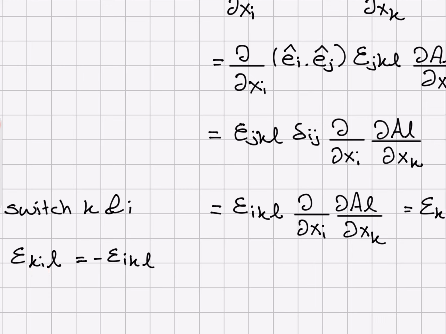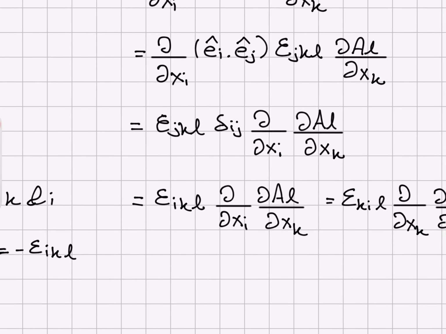So going from kil, I should do ilk and lki in the positive direction. So ikl is in the negative direction. So this is basically implying that what I have on the right hand side, epsilon kil, is actually minus epsilon ikl del xi del al del xk.